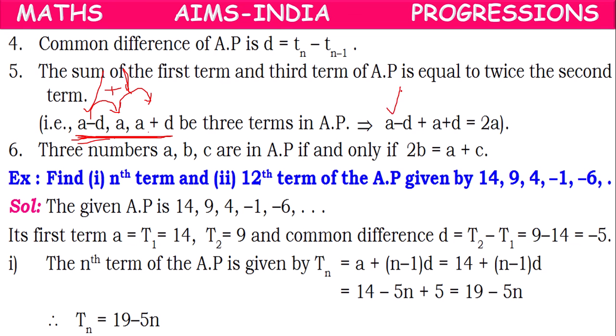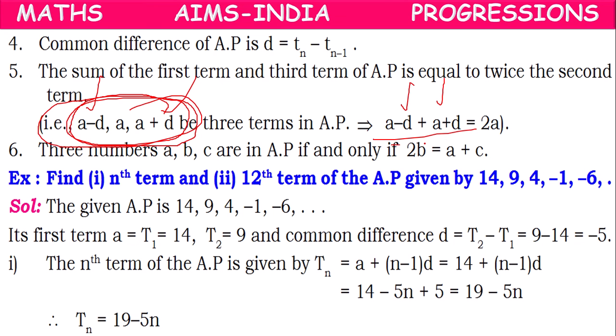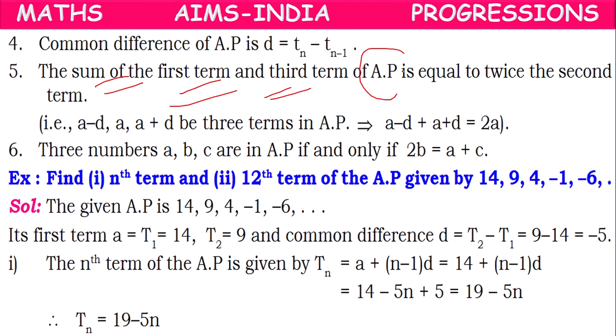If these are the first three consecutive terms of an AP, then the sum of the first and third terms, a minus d and a plus d, is equal to 2a, twice the second term. So the sum of the first term and third term of an AP is always equal to twice the second term.